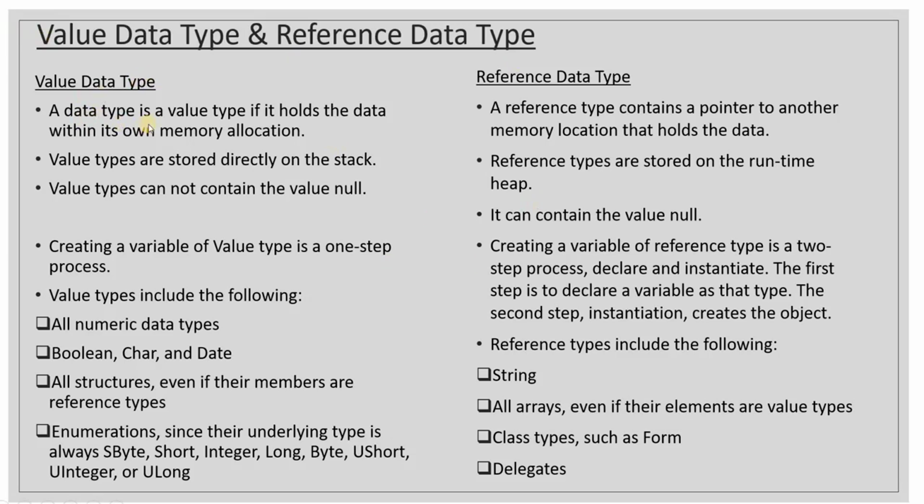Value data type: a data type is a value type if it holds the data within its own memory allocation. A reference type contains a pointer to another memory location that holds the data. Value data types are stored directly on the stack, but reference types are stored on the runtime heap.